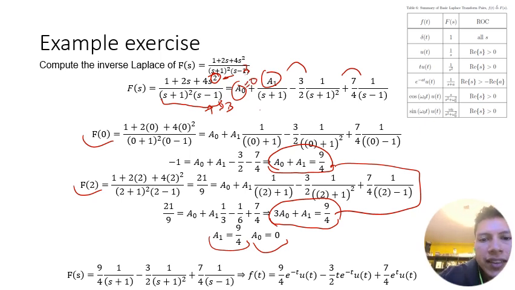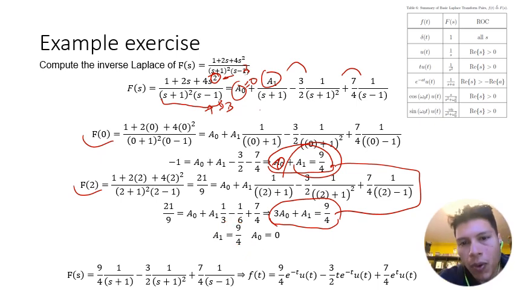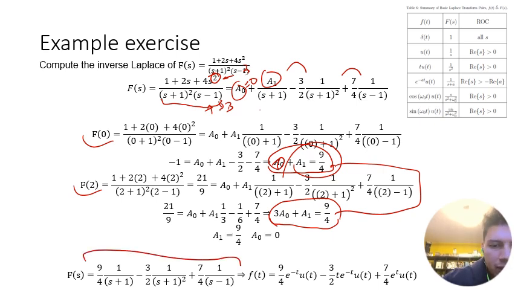So we could have actually stopped here and said a0 is 0 and just said a1 is this. And that's actually what we ended up finding at the end. So here I went the extra step, so that you know how to deal with multiple coefficients, you just do multiple evaluations of f, but you don't really have to do it for this particular case. Once you have it in this form, it's pretty easy. You use your lookup table and you can get your inverse Laplace.